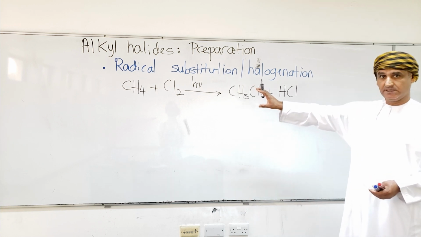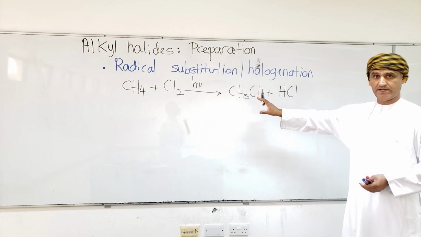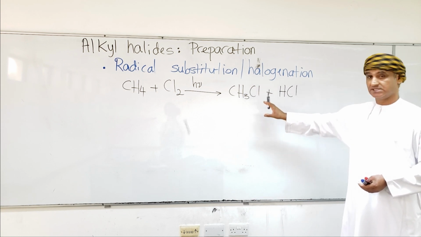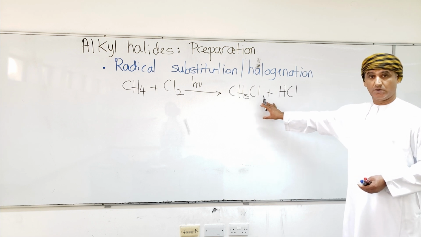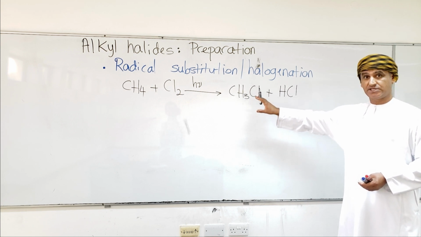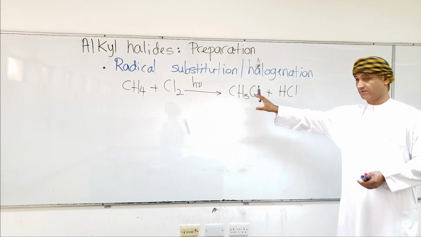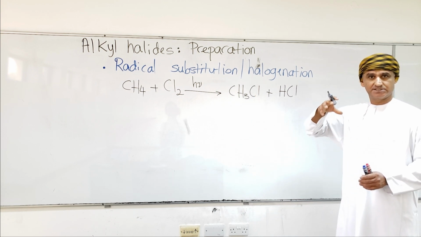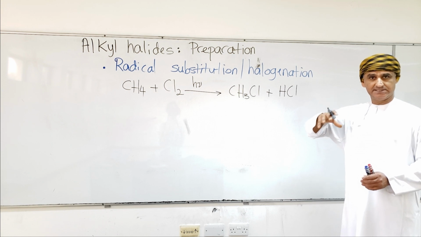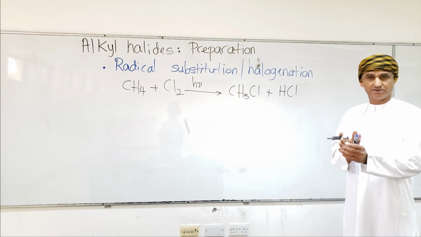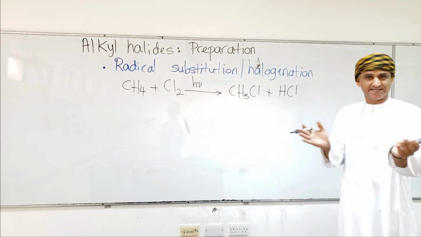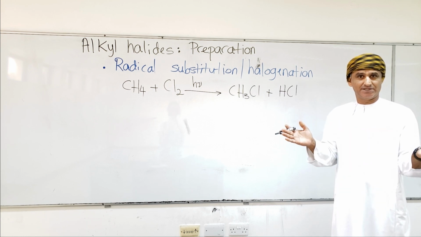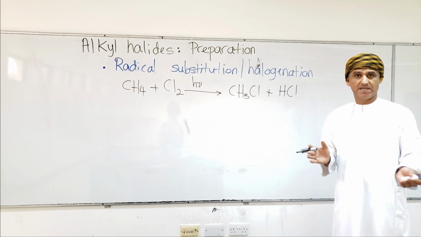So methane can undergo a chlorination reaction with chlorine in the presence of light to make chloromethane. No reaction will be observed in the absence of light. Light is essential in the reaction because it breaks the Cl-Cl bond, or the X-X bond in general, homolytically, as mentioned, to make radicals.